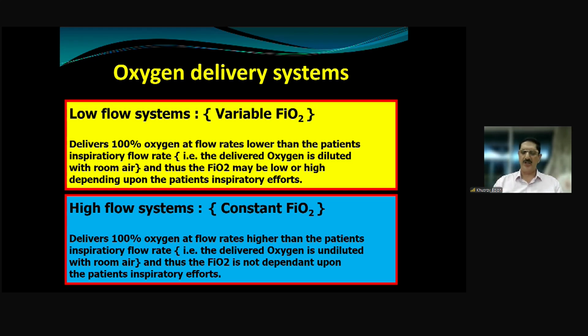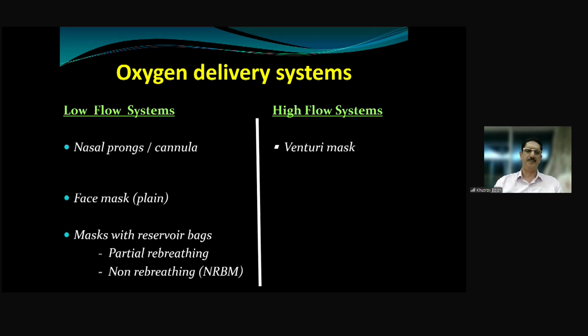Now I'm going to ask you about the differences between the systems. So for every system that we use, we have to ask the question: is it a low or high flow system? Obviously the nasal cannula and face mask are low flow systems. And everyone, if I would ask initially, would say that the NRBM is high flow. But as I said, NRBM may give you 100% oxygen, maybe at a high flow rate, but the oxygen flow rate is not higher than the patient's inspiratory flow rate.